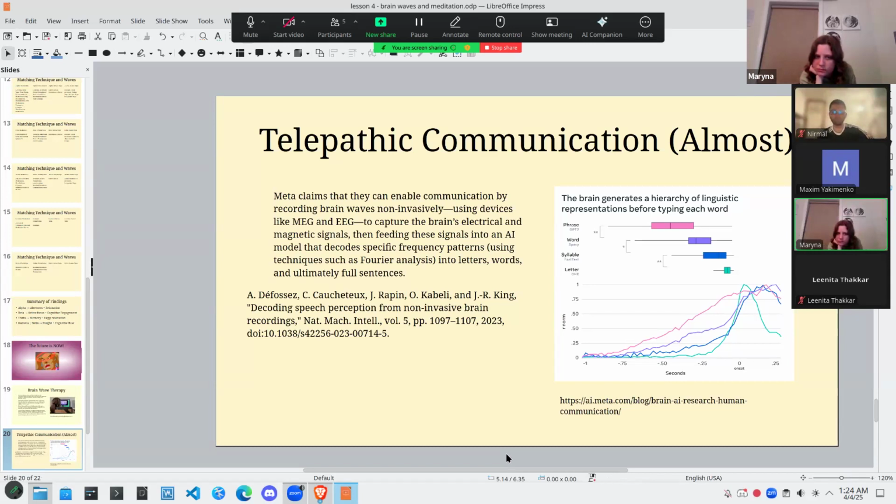And it is incredibly fascinating that we've reached a point where we could quite literally think, and that becomes information computers understand. So I've noted where that information is coming from so that if anyone is interested, they can look into it. But generally speaking, that's the type of stuff brain waves can do for you.